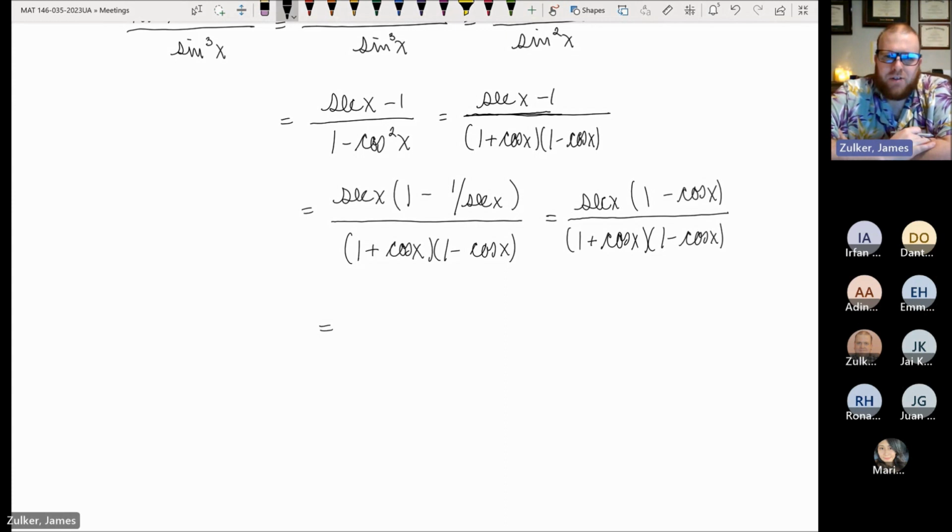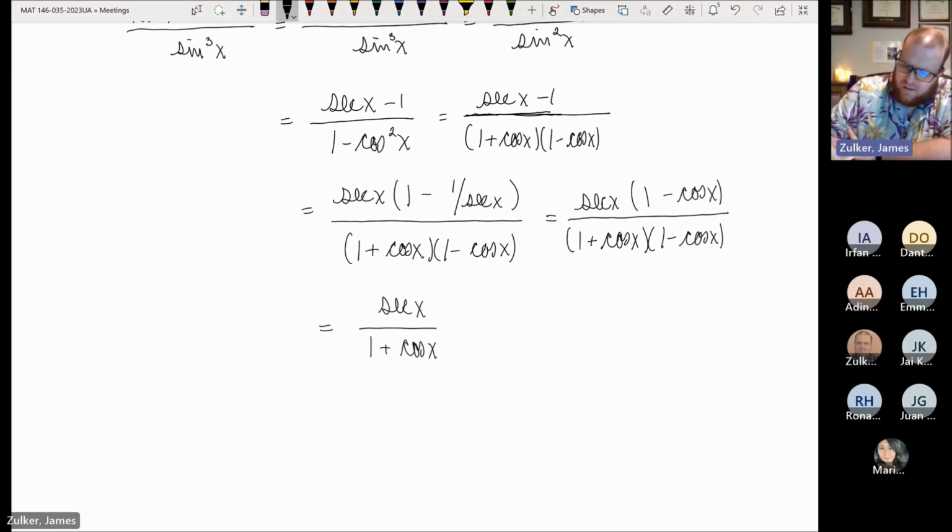It's a common factor. And so we're left with secant over 1 plus cosine. Right, and this identity is now verified.